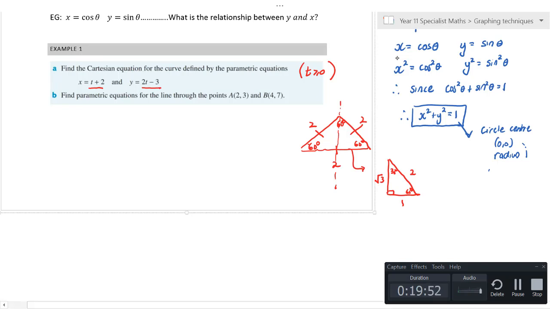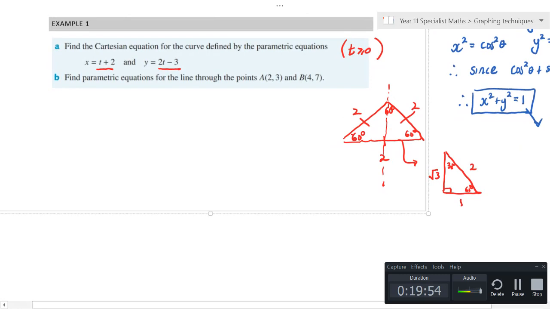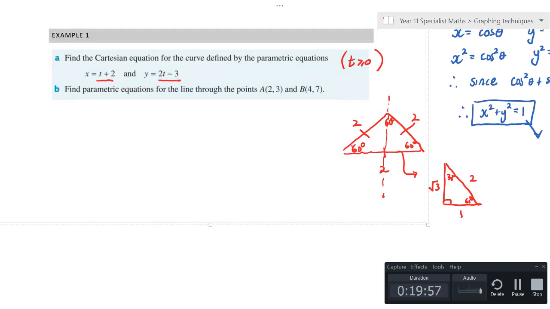Okay, now, just quickly with this one. A lot of students struggle to get a start on this. When you're given 2 points, it says for the line. So it didn't say the curve, it said the line. So A is equal to x1, y1, B is x2, y2.